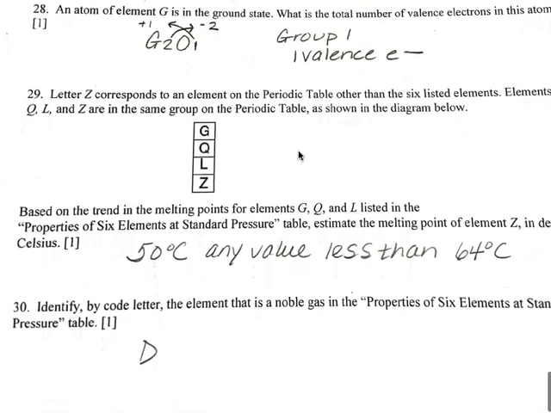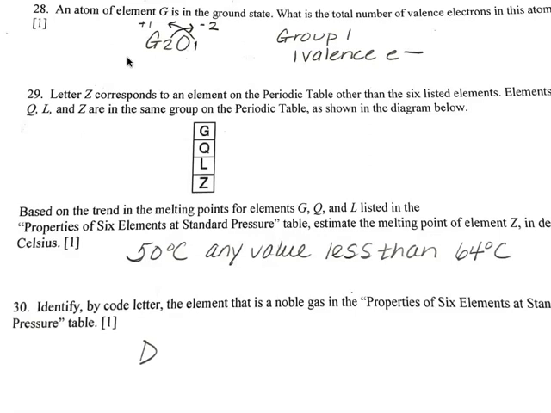So what I'm trying to show you here is that the 2 in G2O came from up top. And there is a 1 that came from the G. So they're asking about an atom of element G. G is actually in group 1, right? And that's representing the 1 valence electron that it has in its outermost shell.